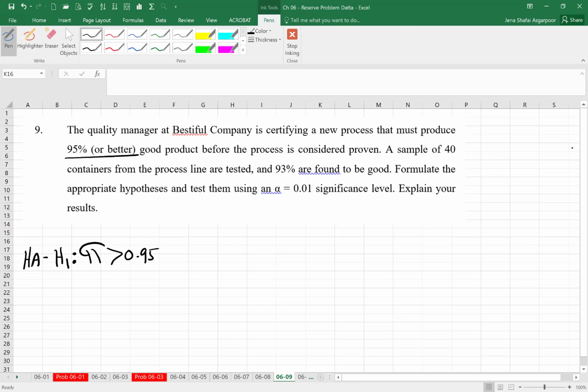But the opposite of it is going to be stated as the null hypothesis. So the opposite of greater than would be what? Pi is less than or equal to 0.95. The null hypothesis in hypothesis testing always should have an equality attached to it.